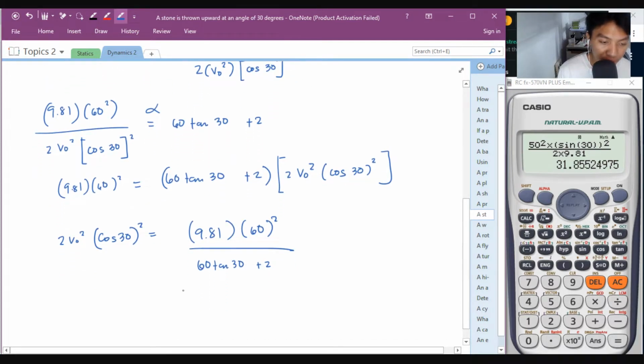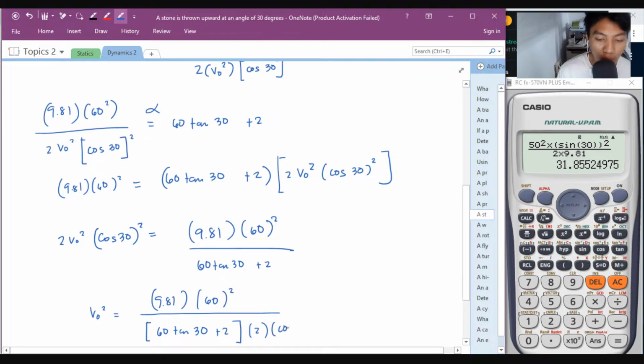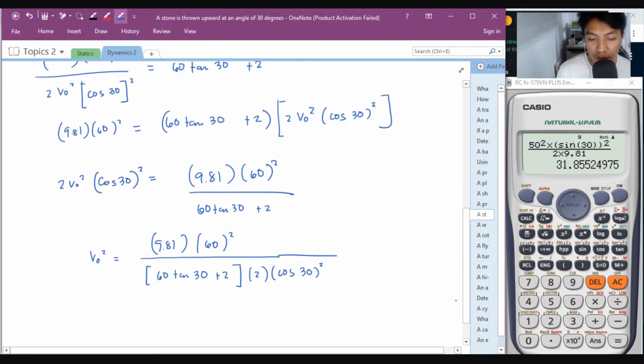We can simplify again. So, we factor out the V0. V0 squared equal to 9.81 times 60 squared over 60 tangent 30 plus 2 multiplied by 2 cosine 30 squared. So we can now get the value of V0. We have to get the square root of the value.